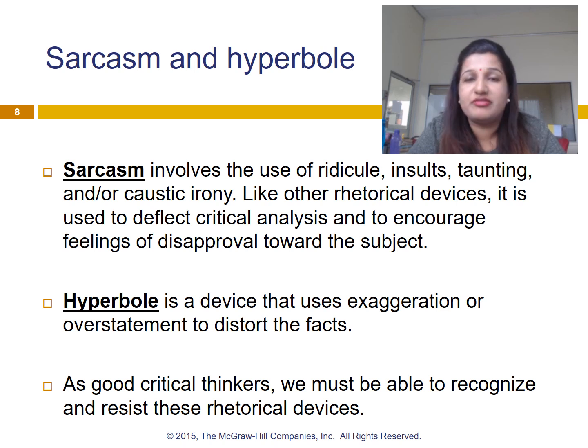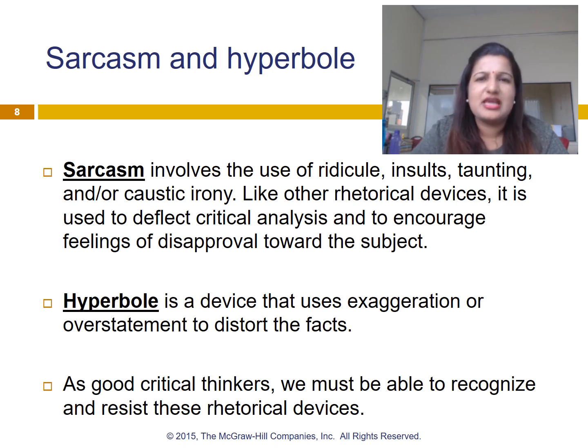Okay, and the last one, hyperbole. Hyperbole is actually one of the literary devices as well. It's a device that's used for exaggeration, trying to make something small look really big, overstating something in order to basically distort facts, change the meaning, make a deviation out of the real original context.